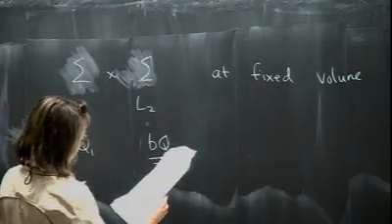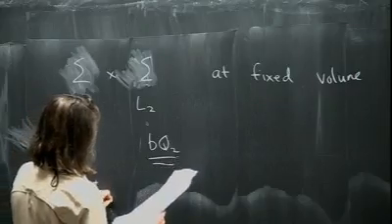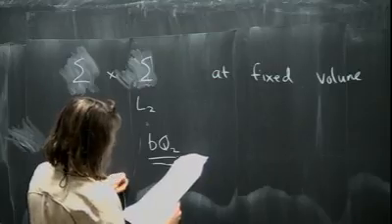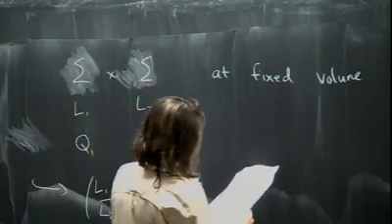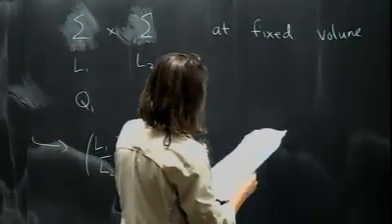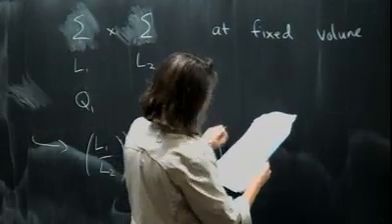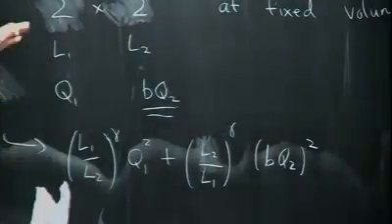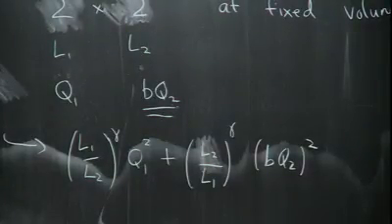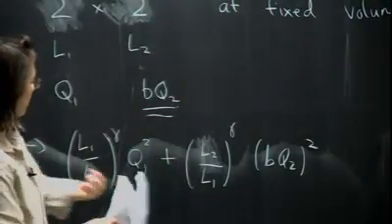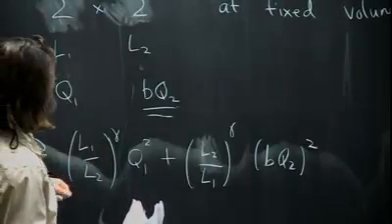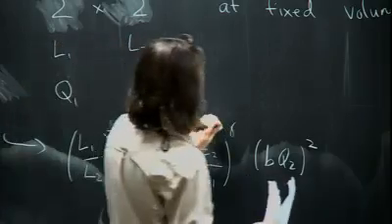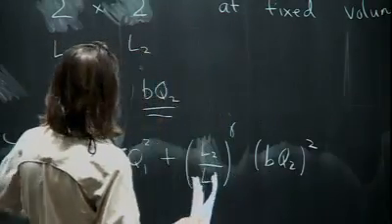and by the same easily derivable scalings as before, this is going to give a contribution to the potential of the form (L2 over L1)^gamma from the flux energies. So this is just saying in equations what I said in words before.